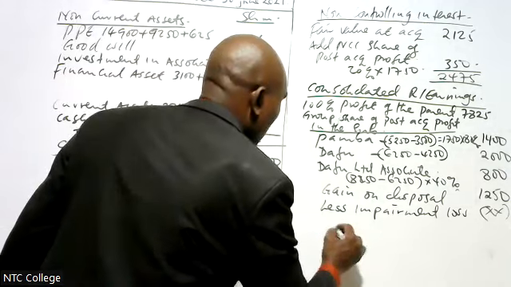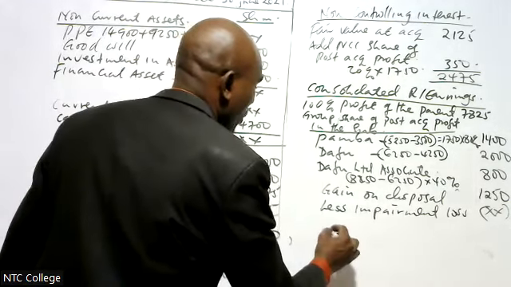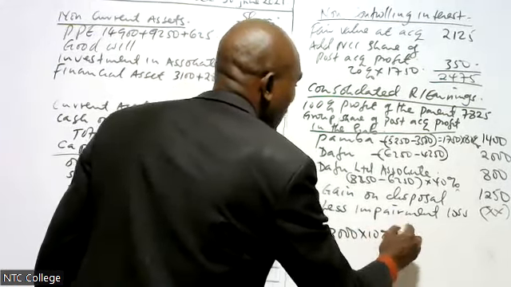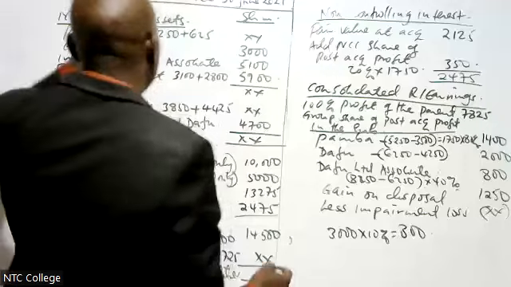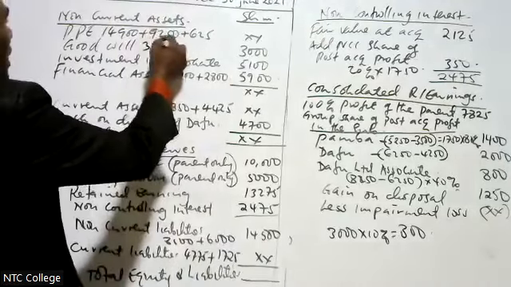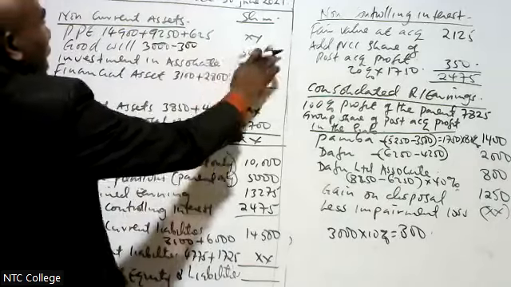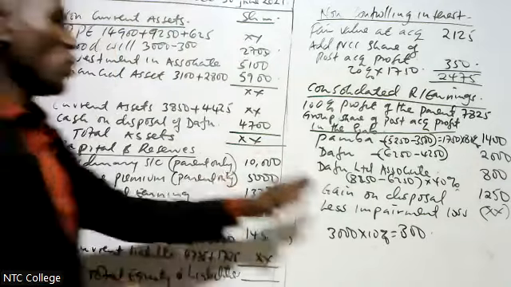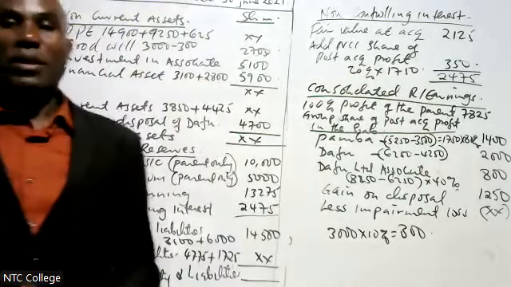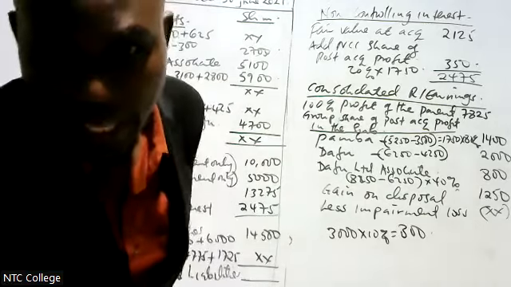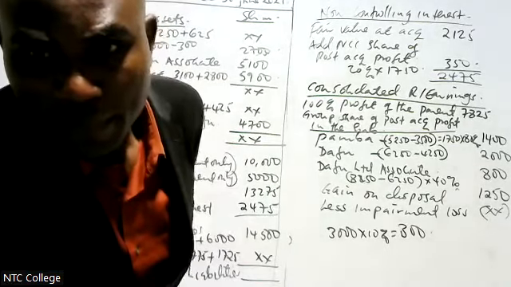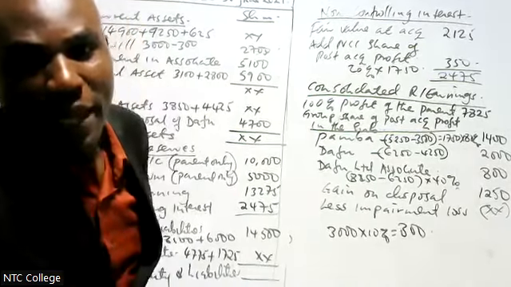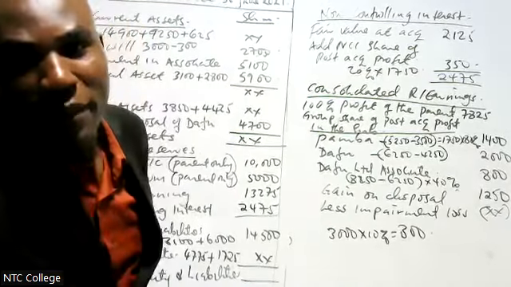If it was 10%, I will take 3,000 times 10%, which is 300. Now, for me to report here, I will take 3,000 minus 300 impairment. I report 2,700. Impairment, you deduct from goodwill, then you also deduct from the retained earnings. I believe that one is sorted, but in this question, there was no impairment.